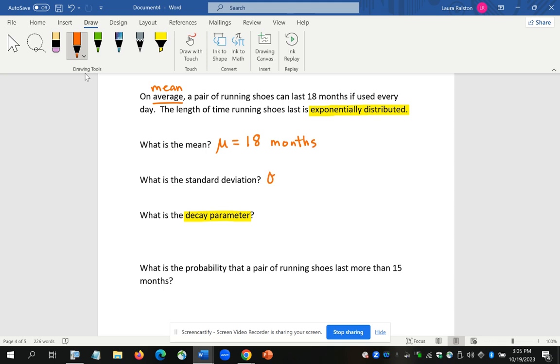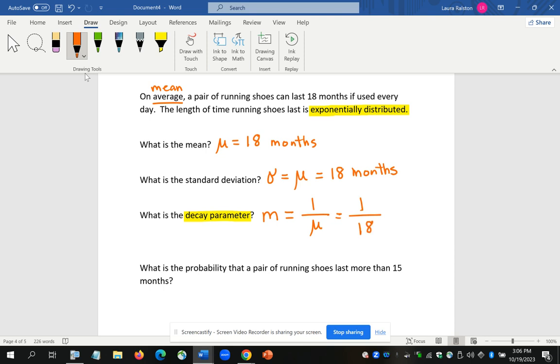If I know the mean, I know the standard deviation because it's the same. So my standard deviation is 18 months. My decay parameter is 1 divided by the mean. So in this case, it would be 1/18th.